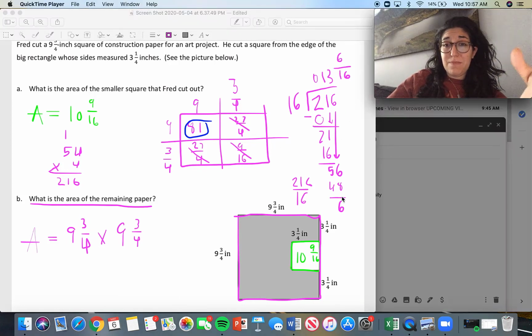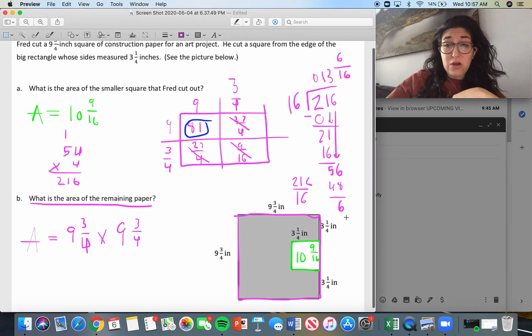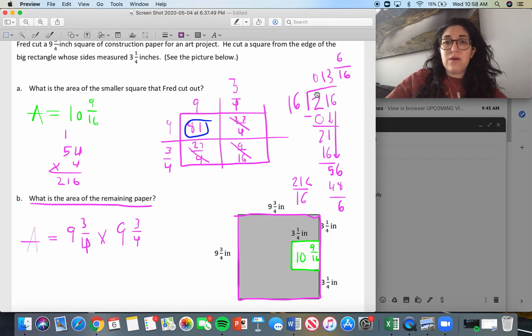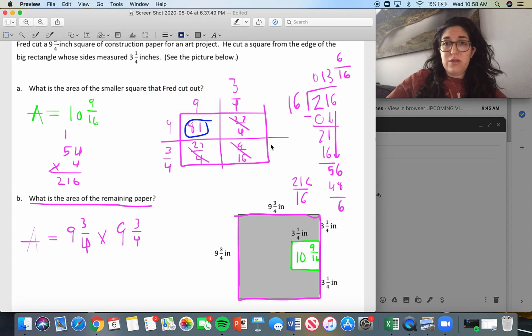Now, the reason we did that, in case you're curious, is because we had 6 left over, and since we're breaking it into groups of 16, what we're saying is that we had 6 left over out of what would have been a group of 16, right? So anyway, the 216 over 16, that's when I took this, this, and this, and I added them all together.